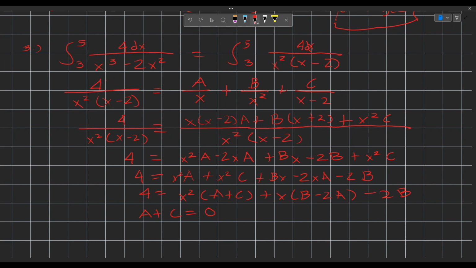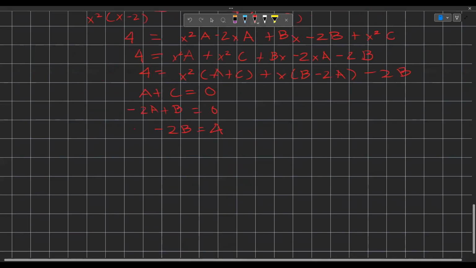And the same for this x times B minus 2A. So I'll put negative 2A plus B equals 0. However, negative 2B will be equal to 4. Since the last one only has one variable, we can just write here negative 2B equals 4. We can divide both sides by negative 2. Cancel here. And we have our first value, B, which is equal to negative 2.